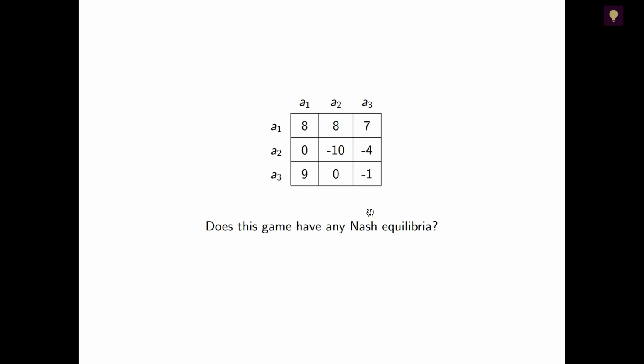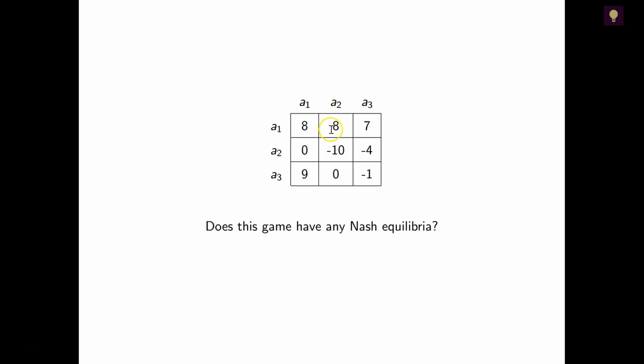Player 2 has an incentive to deviate in this case. Is there another outcome we might try? Well, how about we start in the top left corner, A1, A1. Here, we see already that player 1 has an incentive to deviate. So that's not going to be a Nash equilibrium.